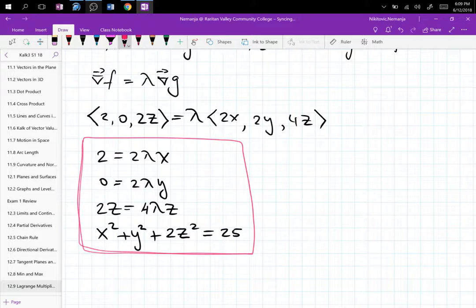Now, from these equations, is it immediately clear that y is equal to 0? Yes? Good. Well, you just reduced the system down to technically nothing.